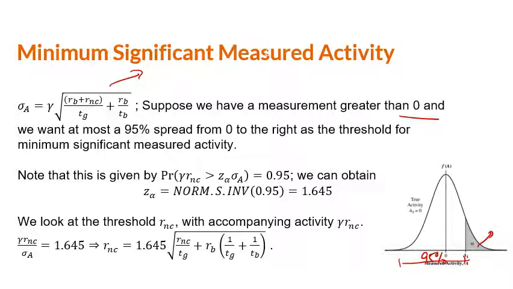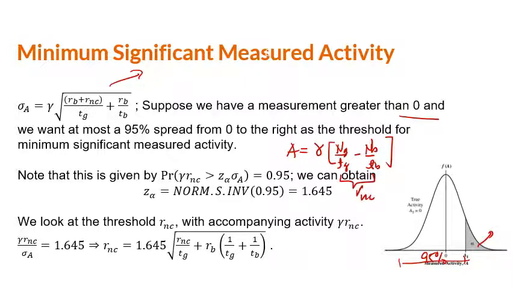Okay, so note that yung actual activity natin is equivalent to your gamma times your measured net count or yung net rate natin, NG over TG minus NB over TB, which is in reality is your RNC, R ng net count.